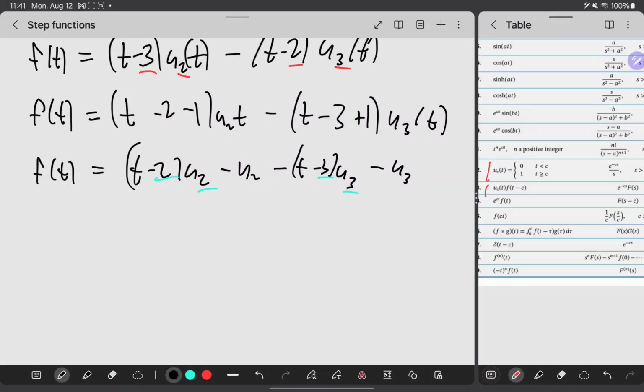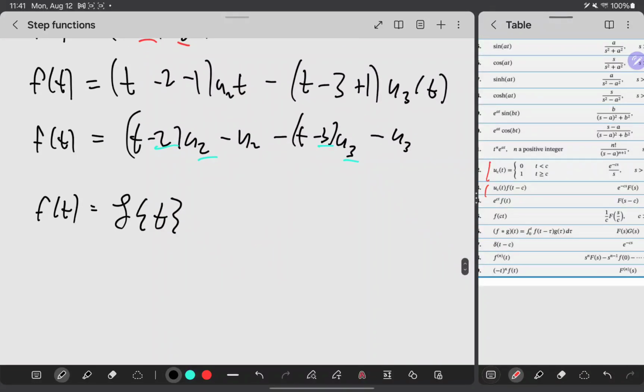right? So for this one we have e to the minus 2s times the Laplace of t, minus, this one would just be e to the minus 2s over s, right?